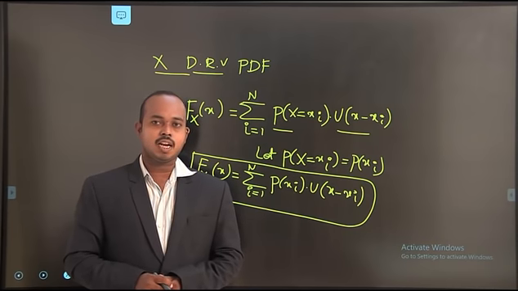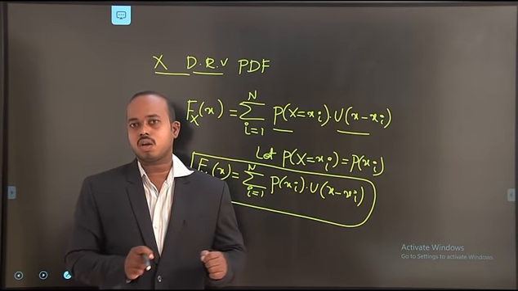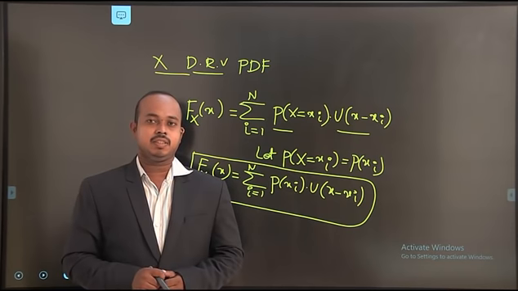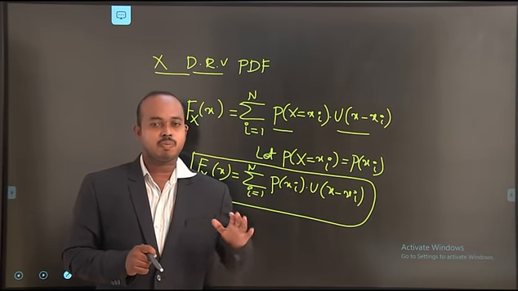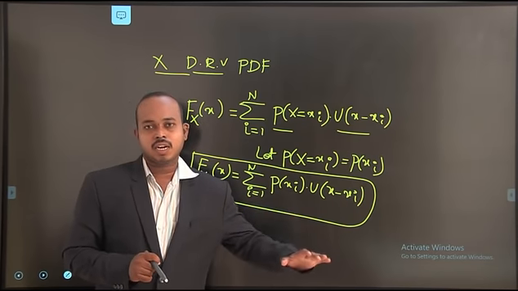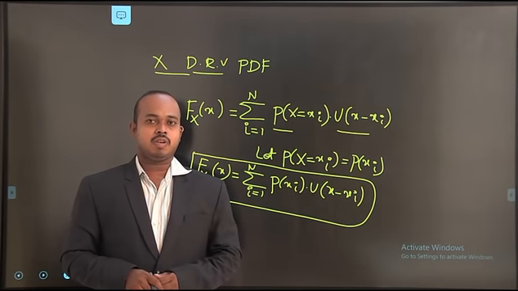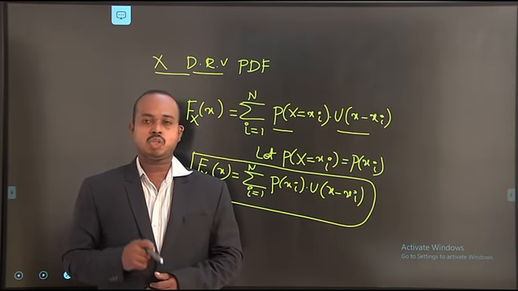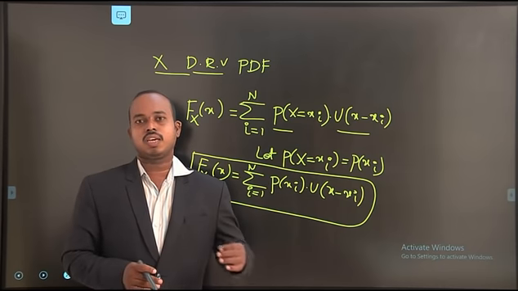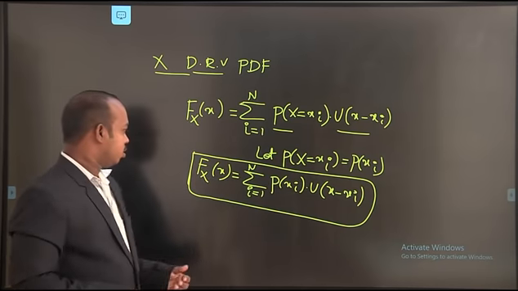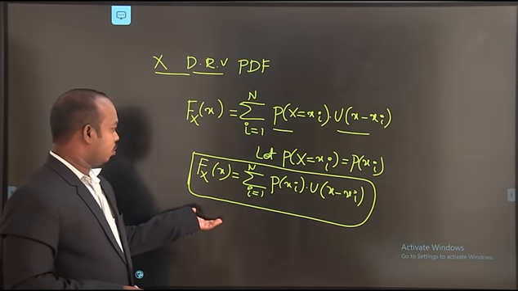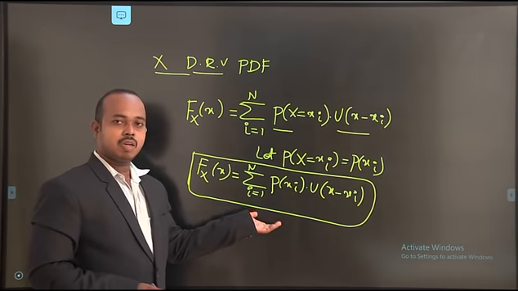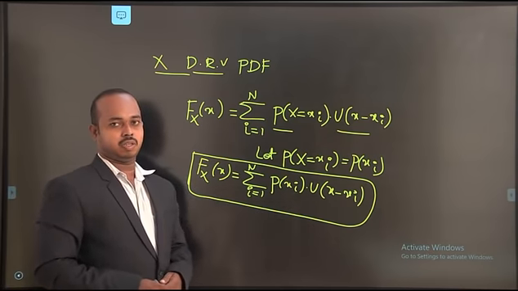Whenever any problem is asked, we can decide whether the given problem is a discrete random variable or a continuous random variable, then decide which formula to utilize. Here, this is the formula for the discrete random variable probability distribution function.